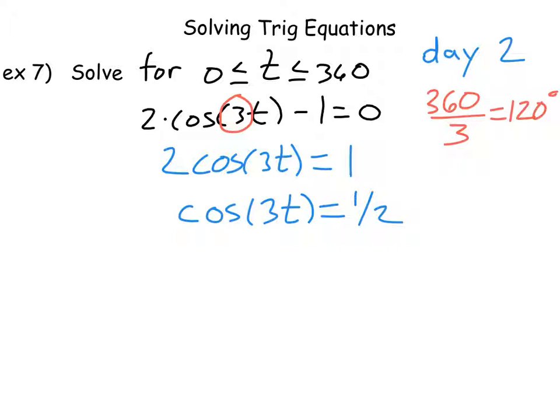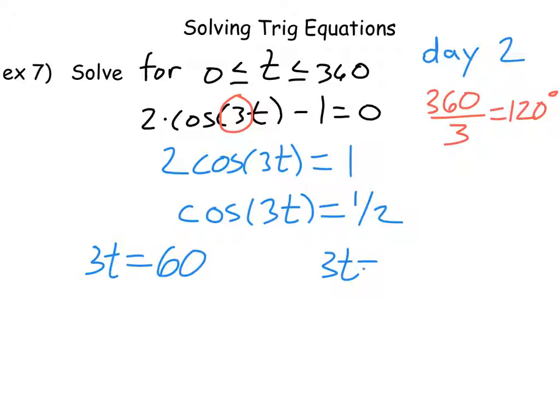So now when I do my inverse cosine, here's what I end up with, I have my two possible solutions. The one I will get from the calculator is 60. Okay, if you go to the calculator and do inverse cosine of 0.5, it will tell you 60. Great time to review these different rules we have for different trig functions.